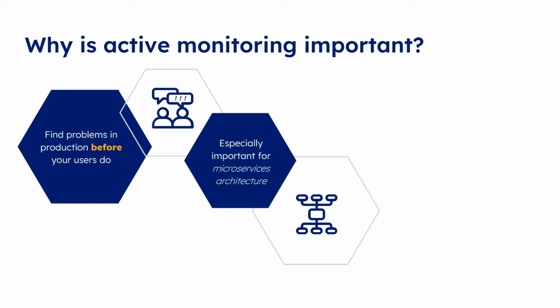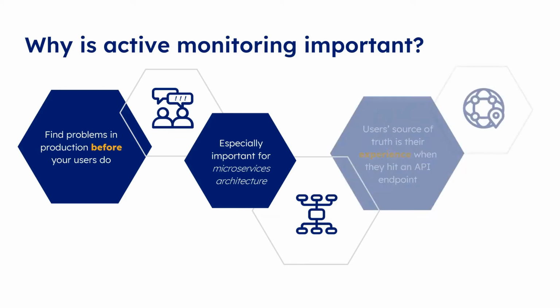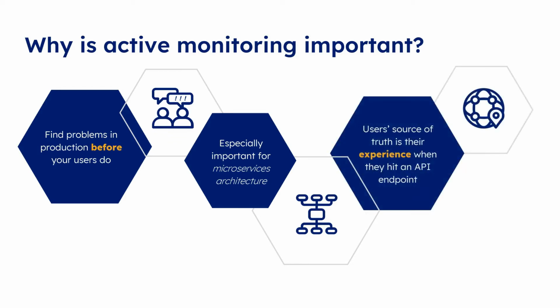Including some services may not be feasible at all. So even with a well-maintained test environment, functional and data errors can still slip through the cracks and make their way into production. For the users of a company exposing public APIs, the source of truth is what the experience is when they hit one of these endpoints.